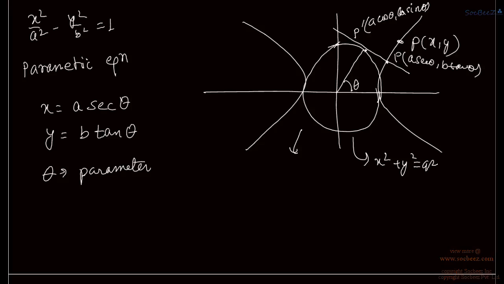So this is again the auxiliary circle of this hyperbola, and this theta is the eccentric angle.